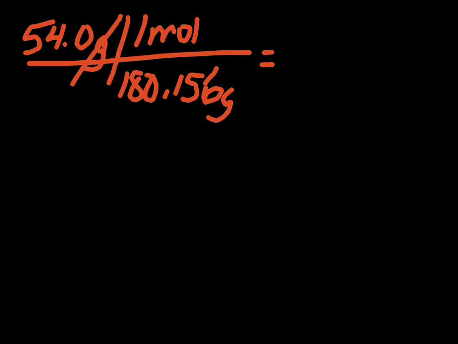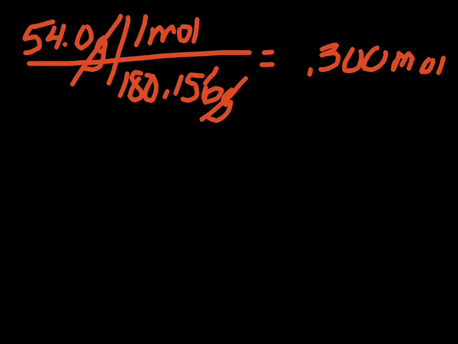Grams are going to cancel, so I put grams in the bottom. I take 54 divided by 180, and I come up with 0.2997. Let's round that to 0.300 moles of glucose.